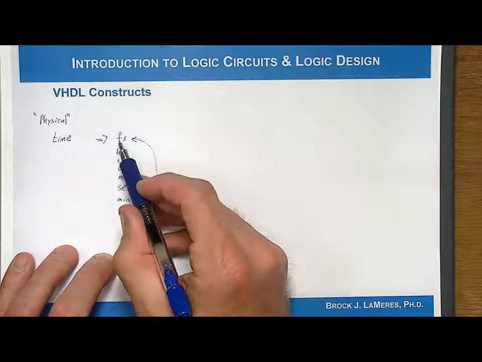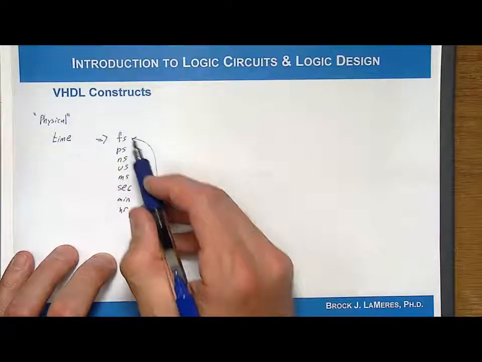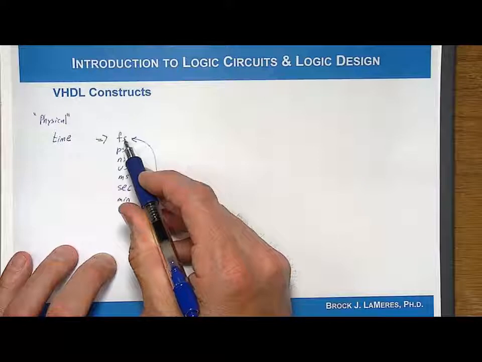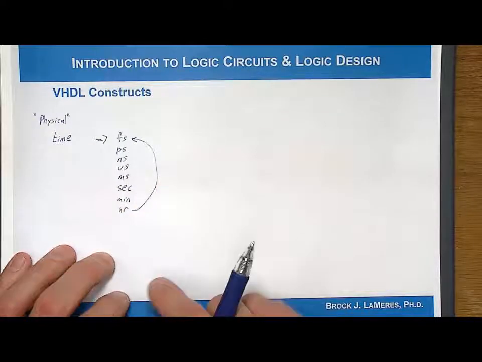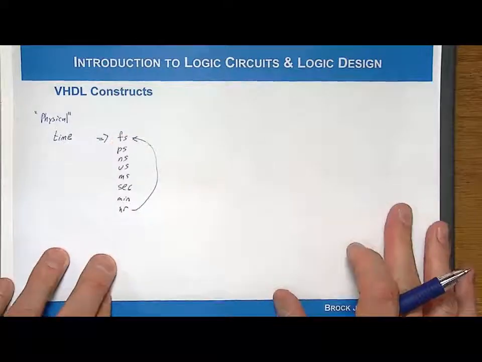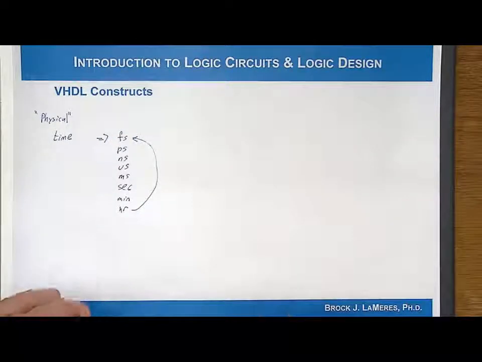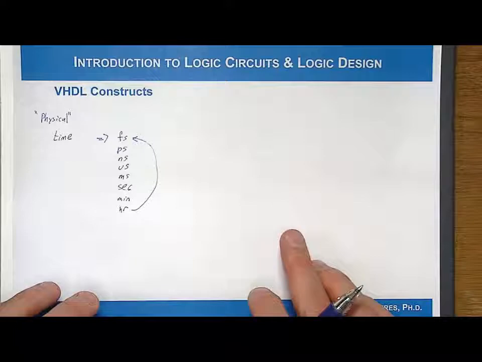So the femtosecond is defined as 10 to the negative 15, and then a picosecond is 1,000 femtoseconds. A nanosecond is 1,000 picoseconds, et cetera, et cetera. So that's how you can actually have time in here. Now time is obviously unsynthesizable. It's used for simulation.